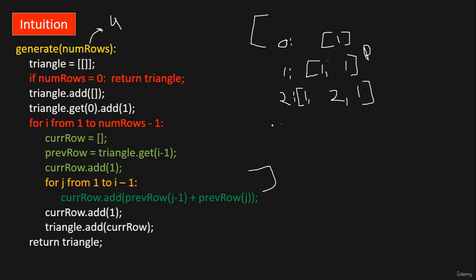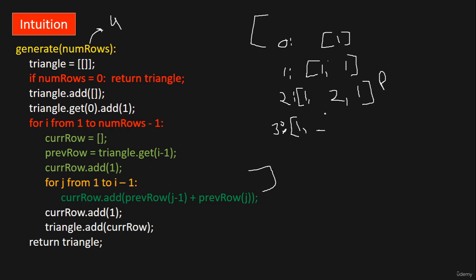Now what we will do, we will generate the row at index 3. Here we're going to create a new list and we're going to insert 1 here, okay? This is our current row and this is our previous row. For the first iteration of this inner loop, we will add the values of the previous row at index j-1 and at index j.